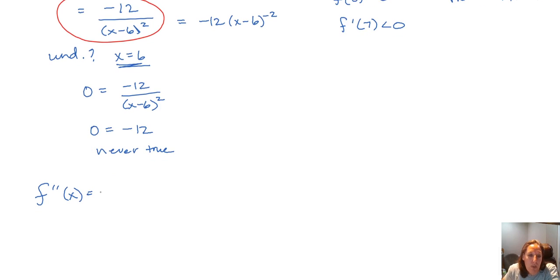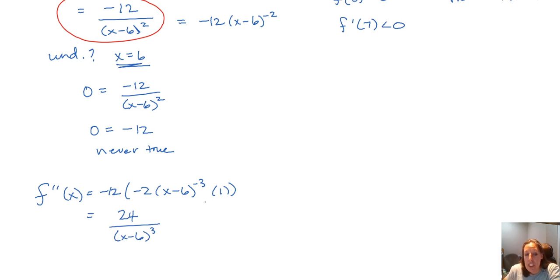So if we take this derivative, we're going to have negative 12 times that derivative of x minus 6 to the negative 2, which is going to be negative 2 times x minus 6 to the negative 3, and then multiply by the derivative of the inside, which is 1. So if we clean this up, negative 12 times negative 2 is going to be a positive 24. And then we get x minus 6 cubed in the denominator, which is the same thing you would get if you use the quotient rule and then simplified it as much as you could.